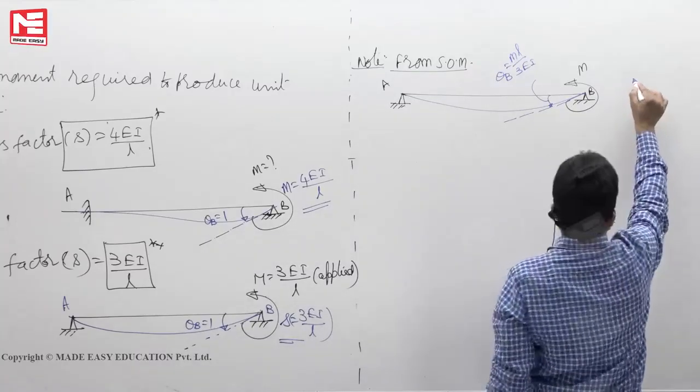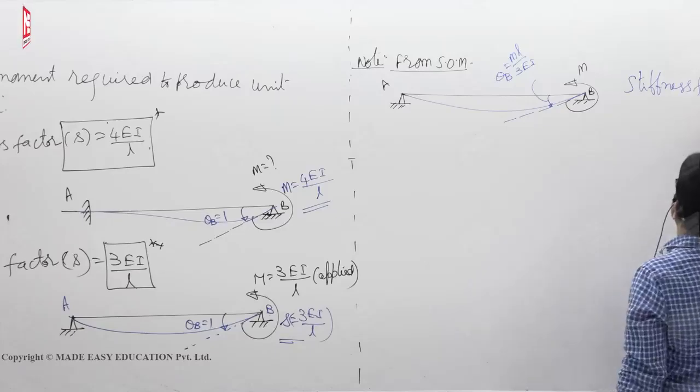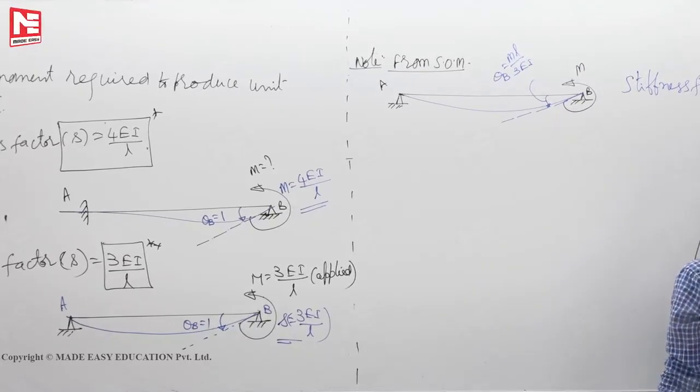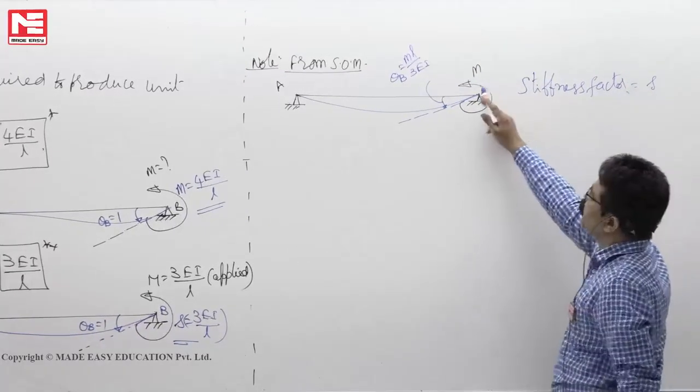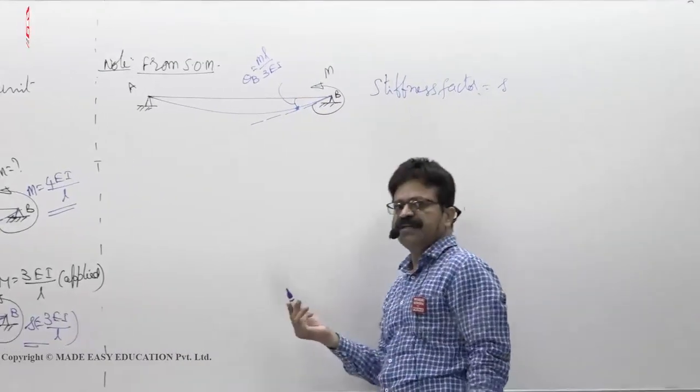Now, stiffness factor S is equal to the moment required to produce unit rotation. I want theta B to become 1. Then how much do you have to apply?